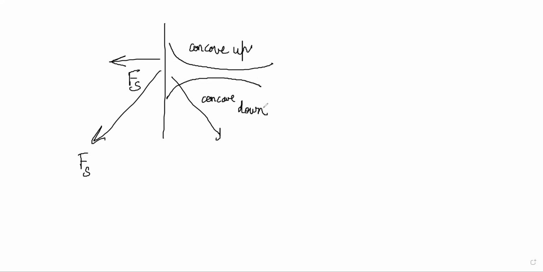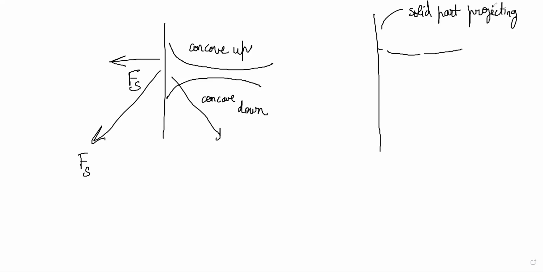If a solid surface is just dipped in a liquid, figure 14.24, so that it is not projected out. Generally you have solid surfaces like this where the solid part is projecting out. In that case, Fs is always perpendicular to the solid.